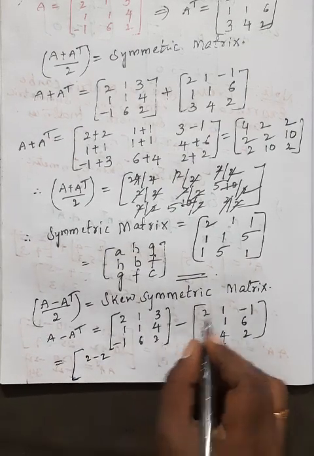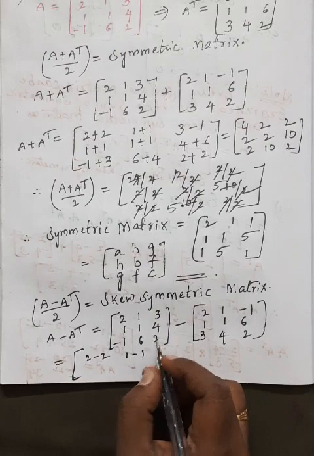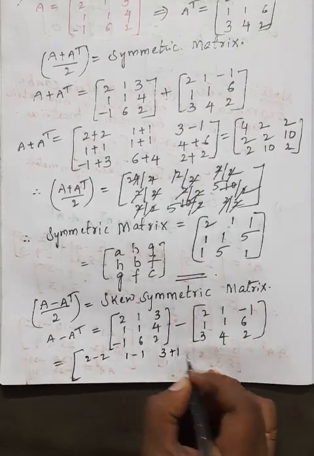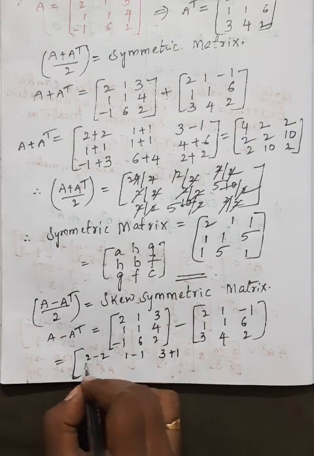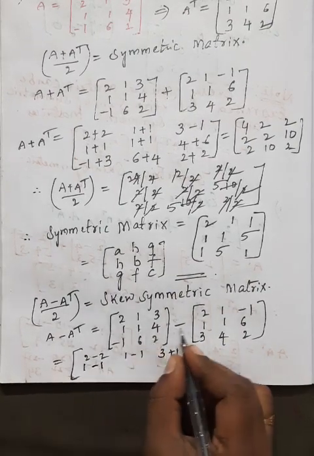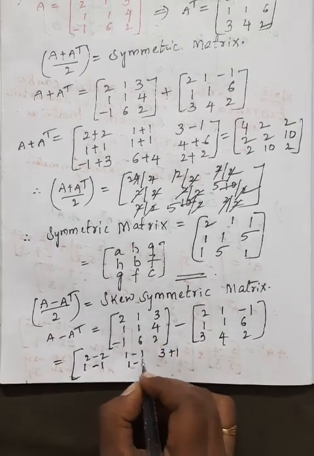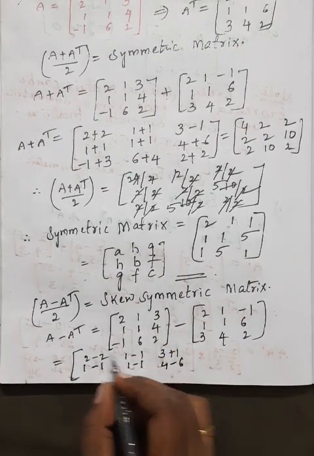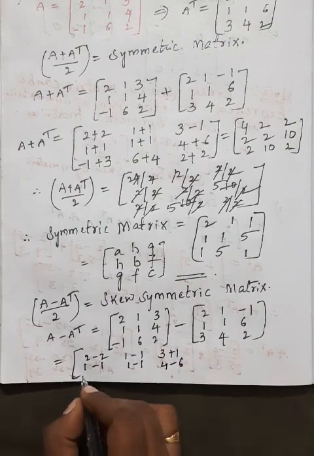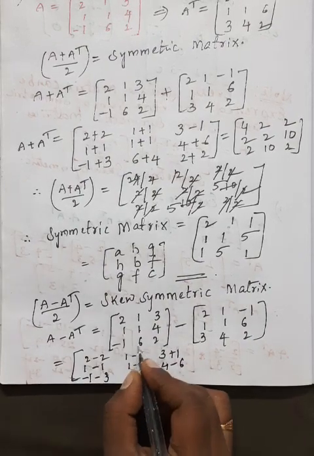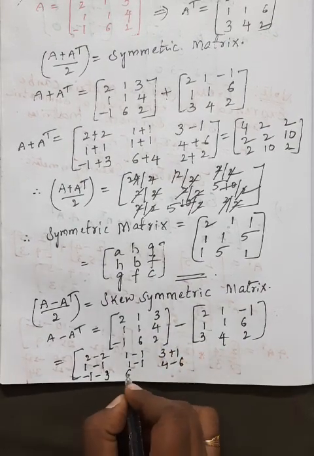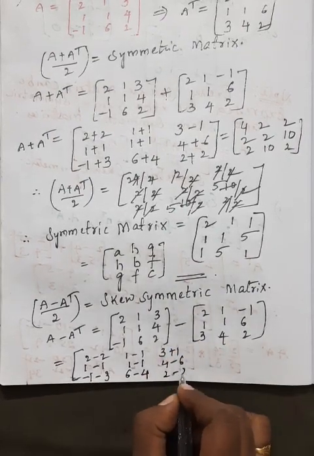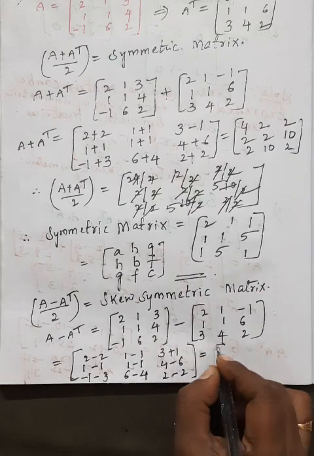Next 1 minus 1. Next 3 minus of minus 1 is plus 1. Again 1 minus 1, 1 minus 1, 4 minus 6, minus 1 minus 3, 6 minus 4, 2 minus 2. So like this you have to do subtraction.